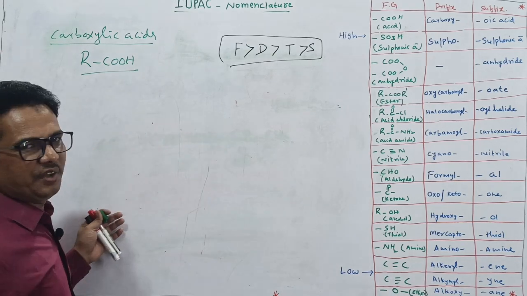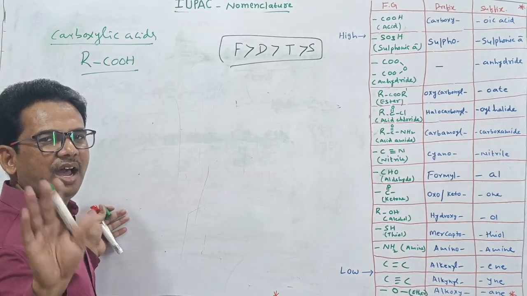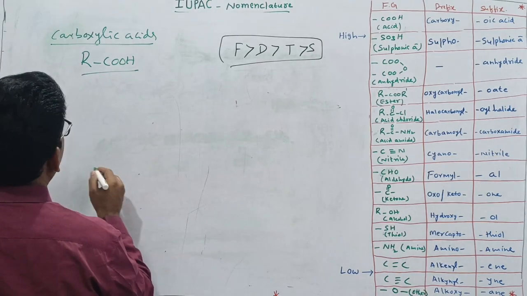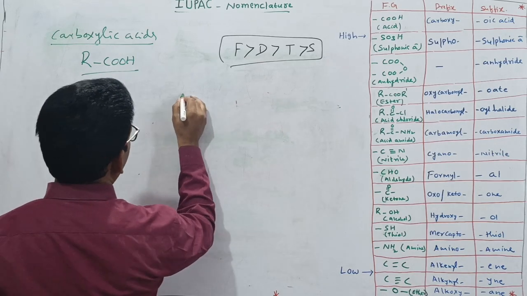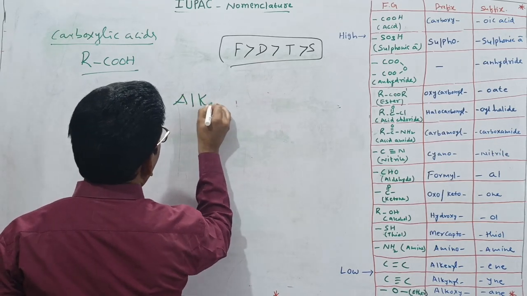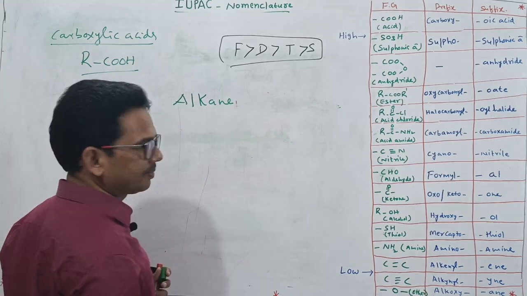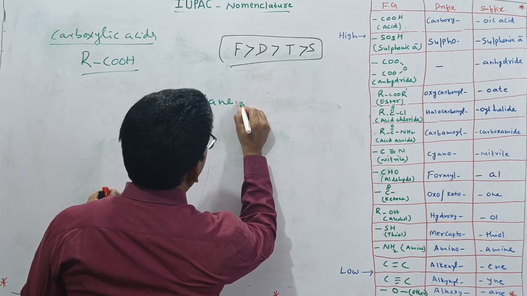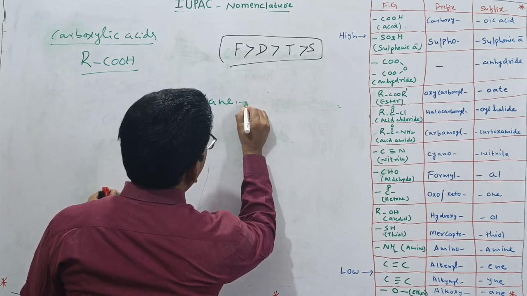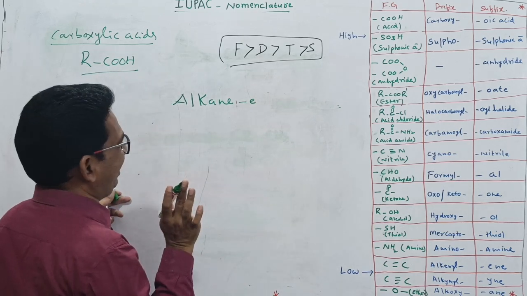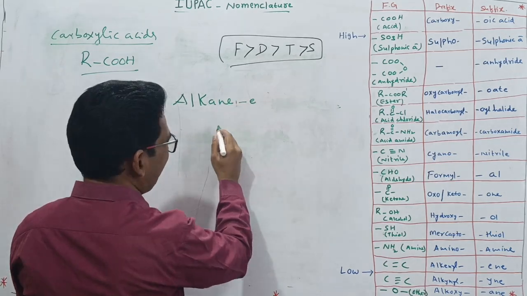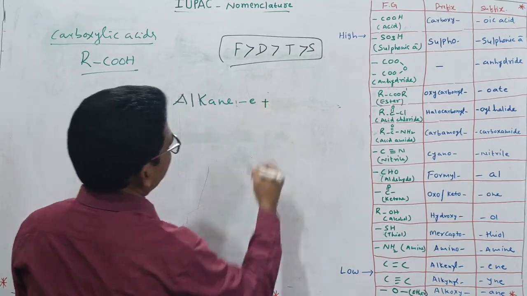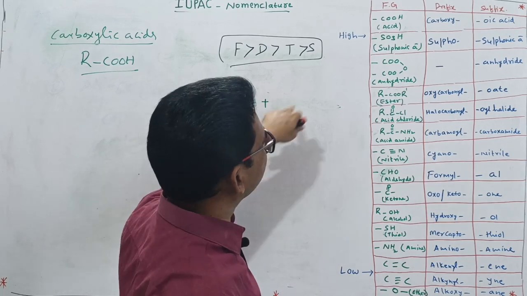Because all the acids we are deriving from the alkanes only, that's why we write the IUPAC name as alkane, minus E, here not minus N, remember we only subtract the E. Minus E plus, what suffix will come for this one?